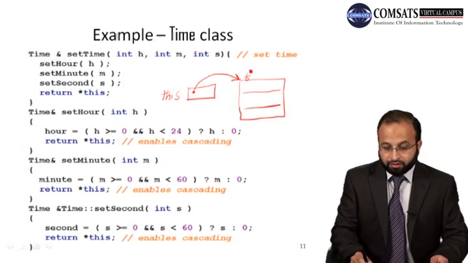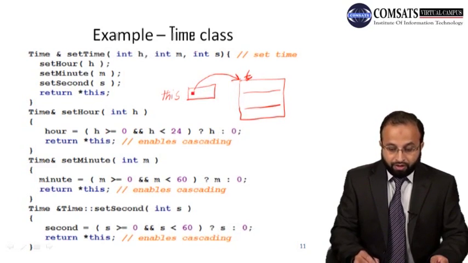Now this is the pointer. This pointer is basically a pointer to the object t of class time, right? So why are we returning the reference over here? So this is the pointer.